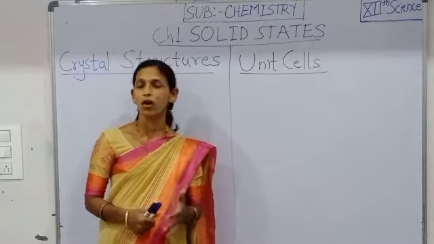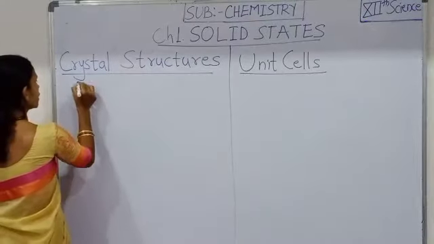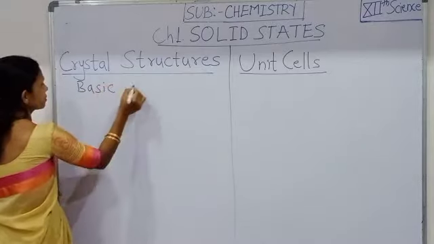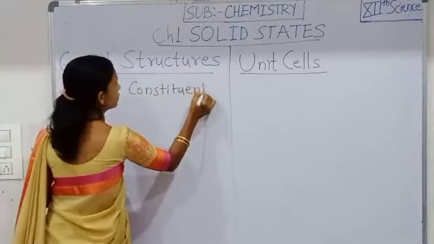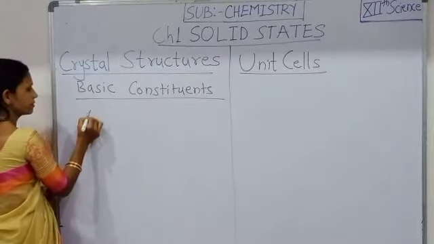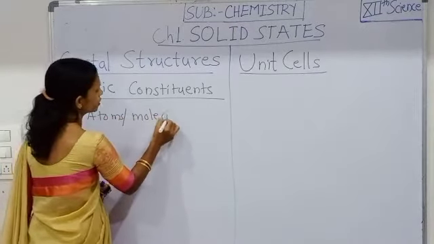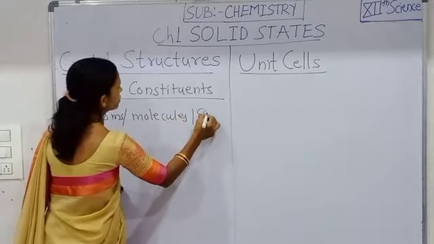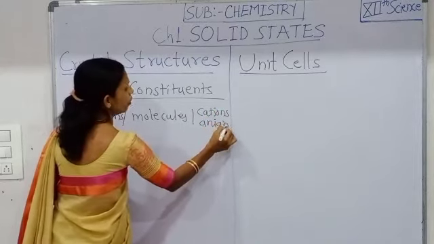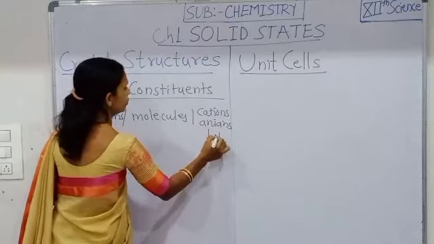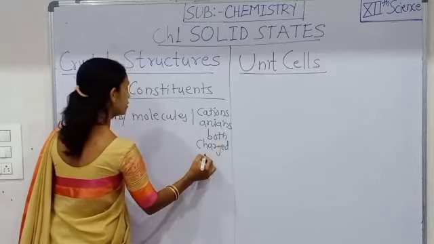Then, you all studied that the basic constituent of any crystal may be atoms, ions, or molecules, and ions are cations or anions or both charged particles.